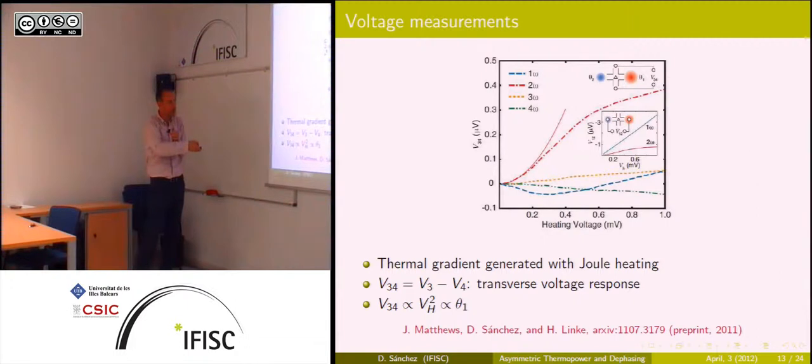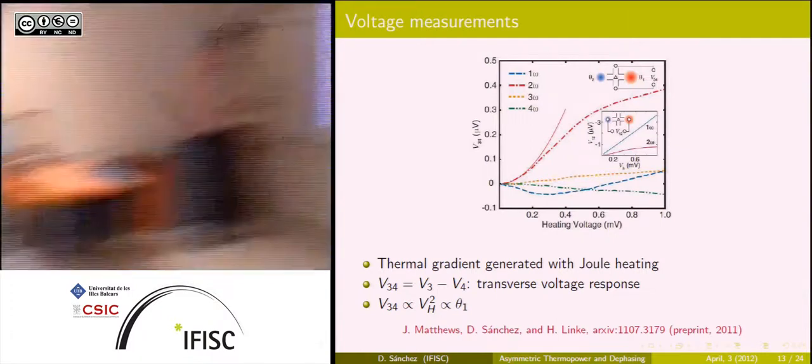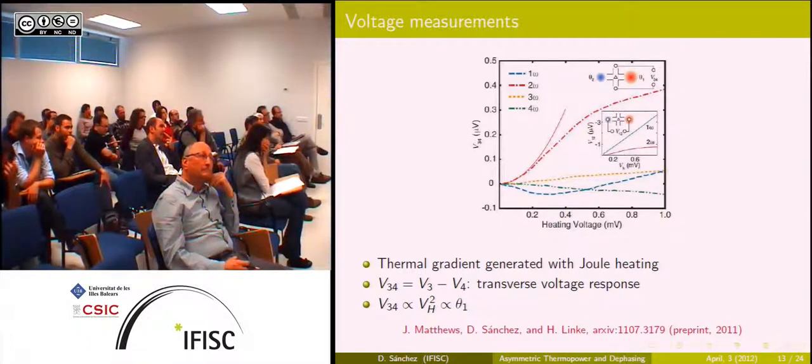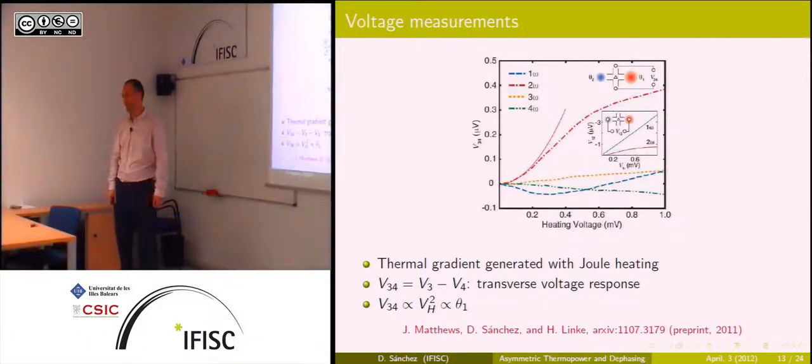But the largest is this one, because the Joule heating is increasing the temperature locally in one terminal. We know from Joule heating that this is proportional to temperature, at least to lowest order, and this is what you measure. This is e^{iωt}, you square this, and then you obtain these two.